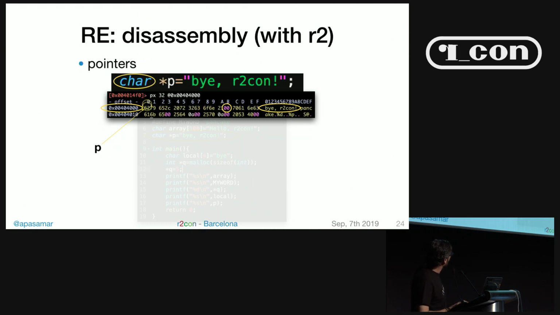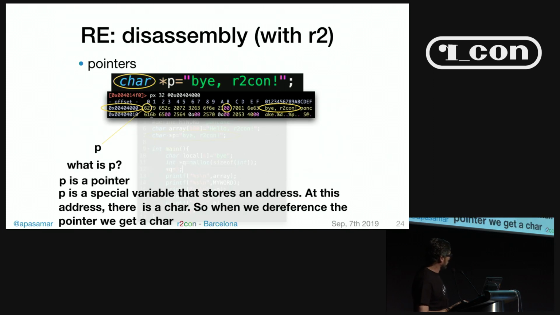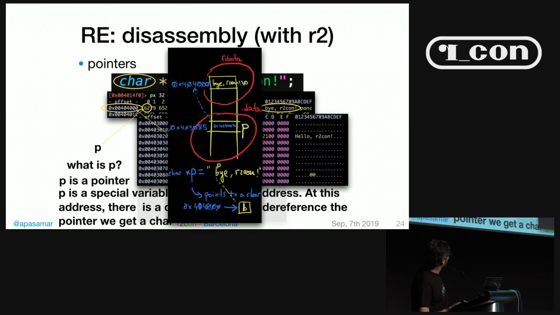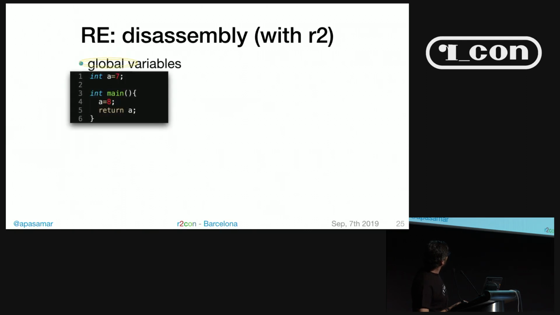It points to a char. And p is basically a special variable that stores an address. Let's see where it is. It's here, pointing to this address. Okay, basically that's it. You can take a review of everything later, so you can see how it works. But it's important to have these concepts.